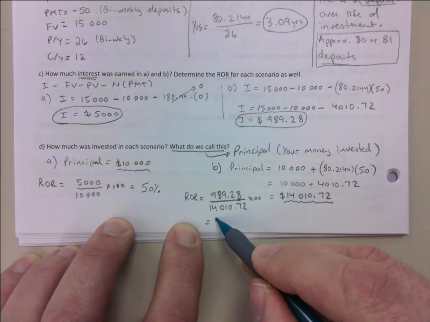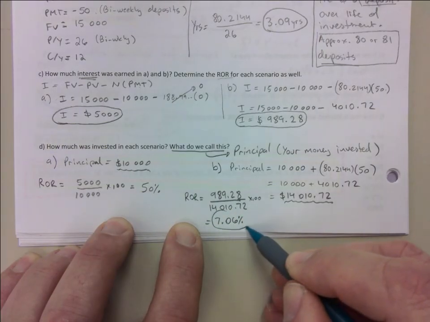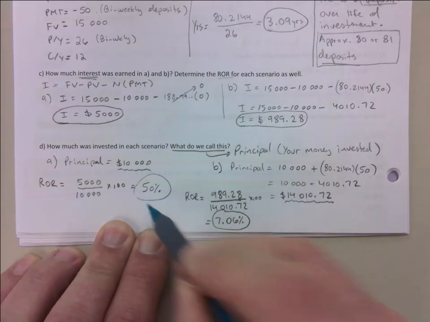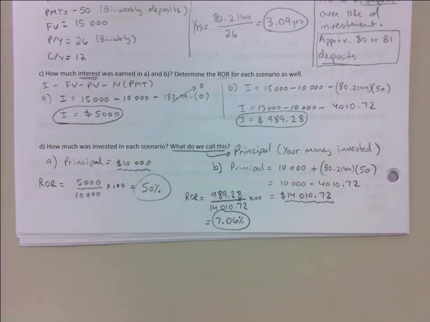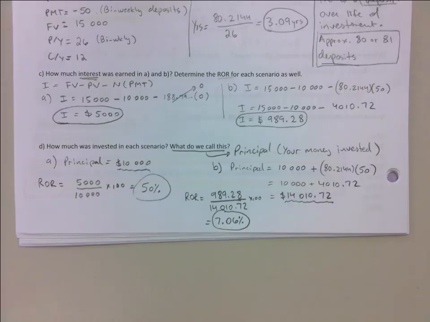And that answer is 7.06%. So in terms of rate of return, investment A has done much better.